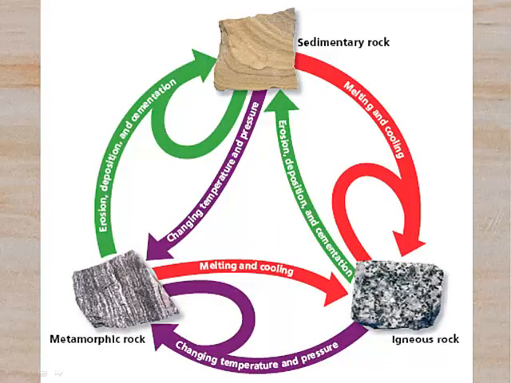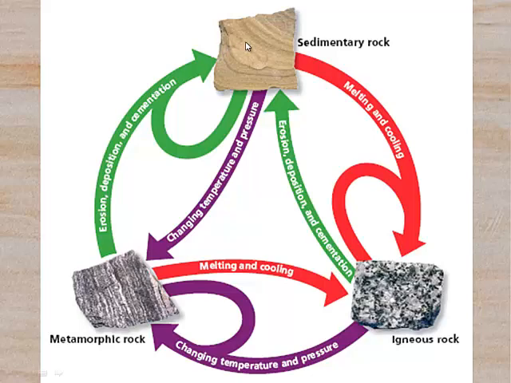Here's a simple diagram that shows how any rock can become any other kind of rock. Suppose we take that gneiss that we've been talking about and we melt it. Well, it can become an igneous rock. If we weather it into fragments, then it can become a sedimentary rock.